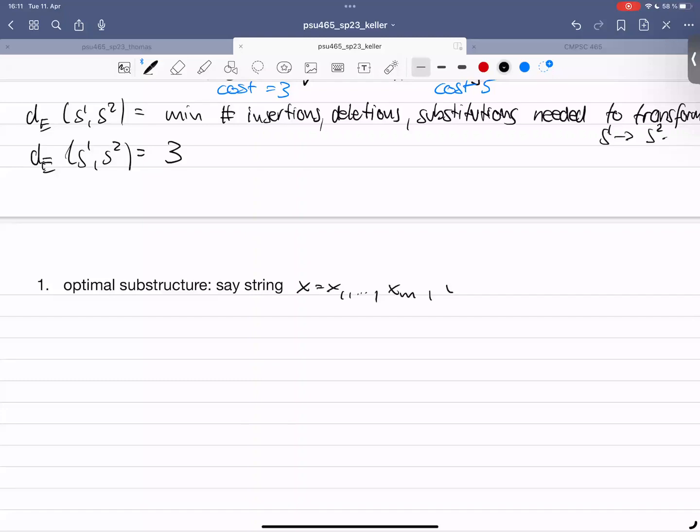And we have a second string y that goes from y1 through yn, so it has length n. And I suggested that instead of looking at the whole problem at once, we try to look at smaller subproblems that are composed of prefixes of these two strings. So let's say we're looking at prefixes.